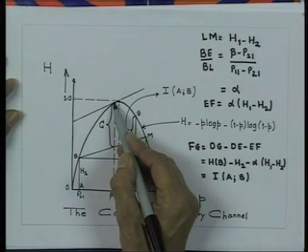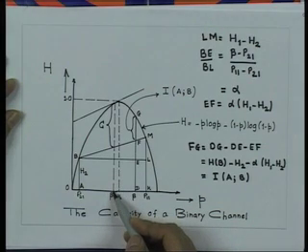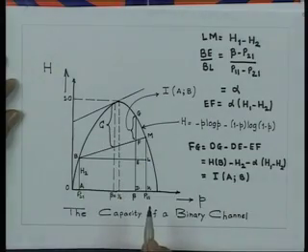The point of contact determines the value of beta naught that belongs to the capacity.